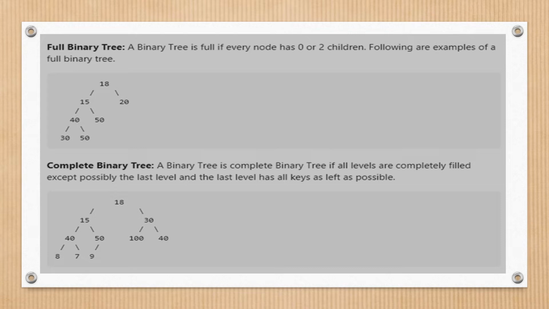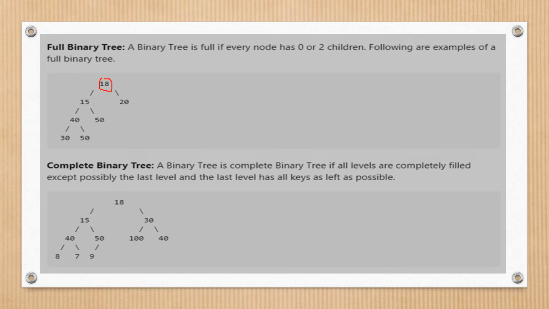Here is an example. This is root node and it contains two children, 15 and 20. 15 contains again two children, 40, 50. Again 40 contains two children, 30 and 50. Here 50 doesn't contain any child. Here 20 doesn't contain any child. So it is a full binary tree.